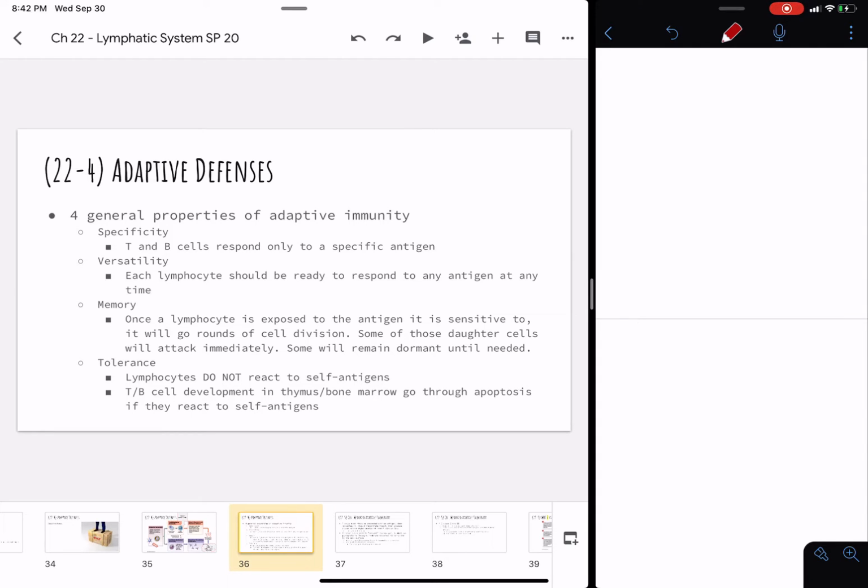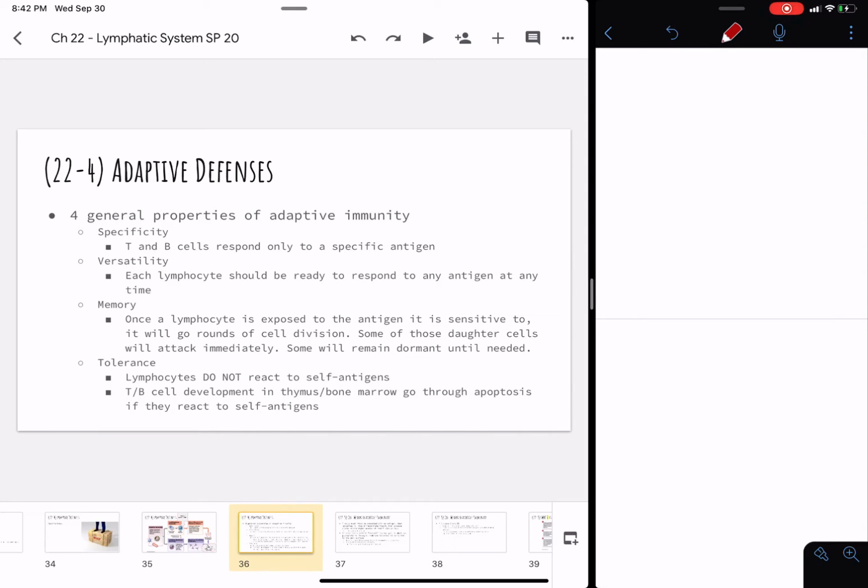Last but not least, we need some sort of tolerance buildup. This means that the B and T cells, whenever they're learning to become good B or T cells, don't learn to attack self cells. Instead, they have to attack non-self cells.